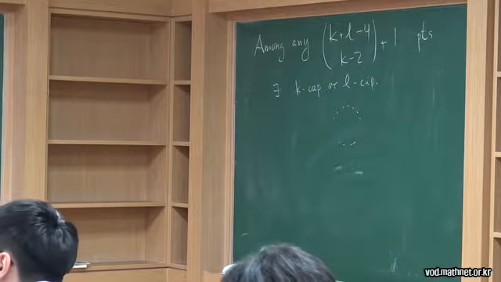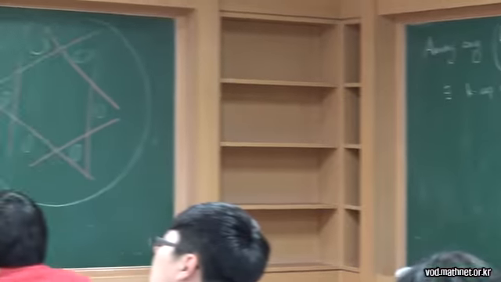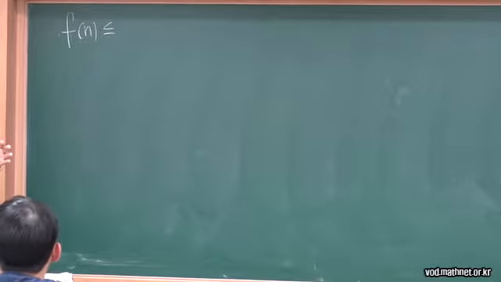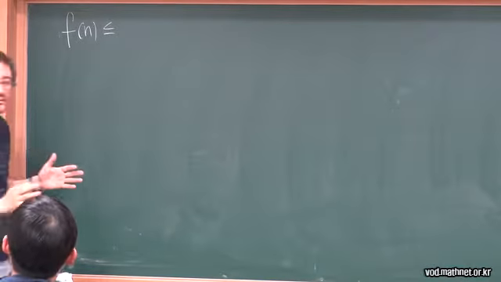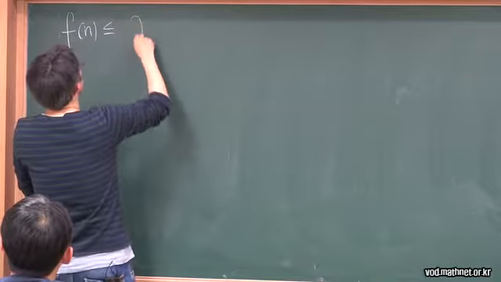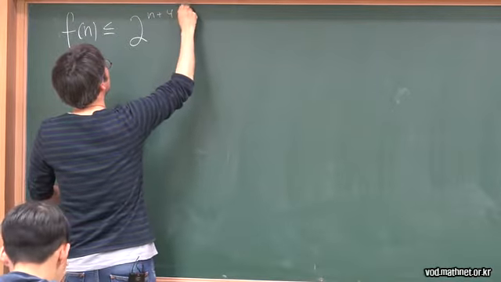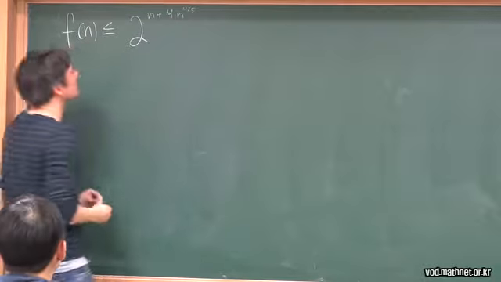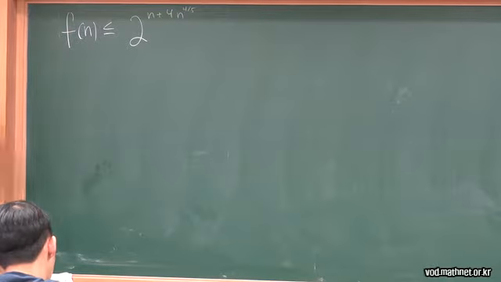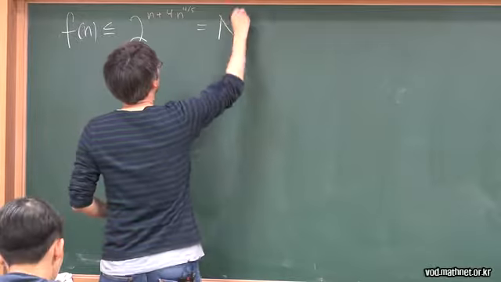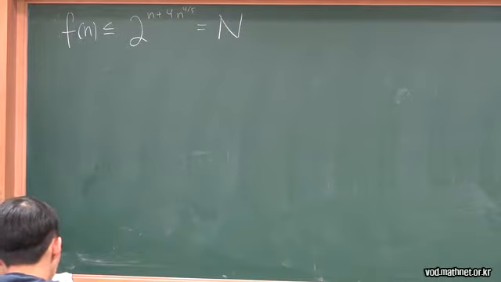Okay, so he's going to prove f of n is at most 2 to the n plus 4 n to the 4/5, something like this. I'm going to skip using floors and ceilings. I'll call this capital N now.